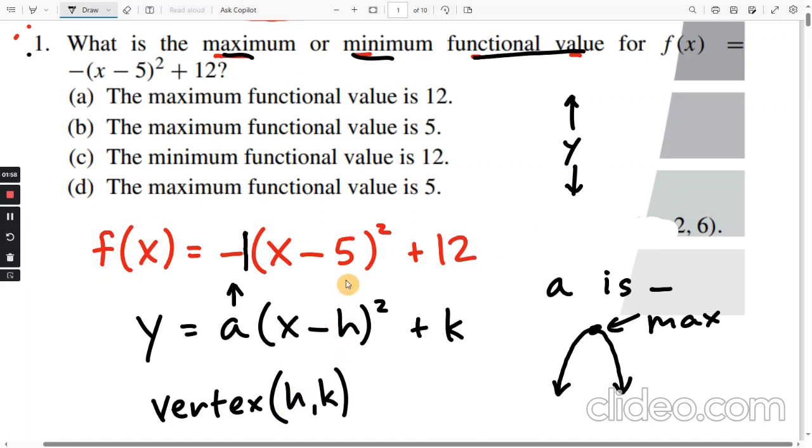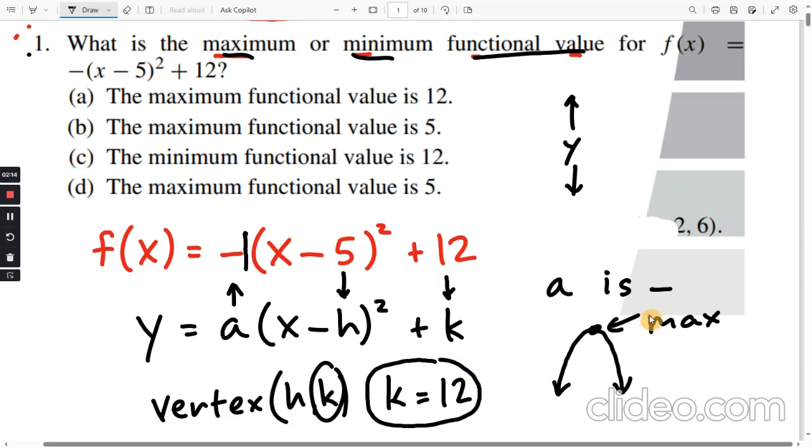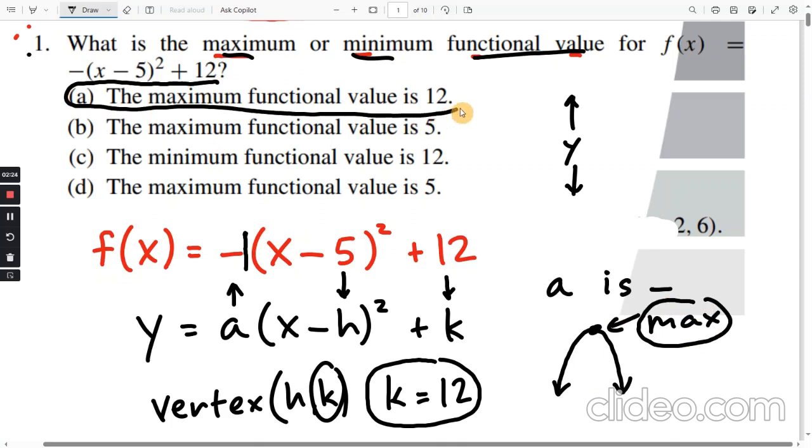We can see h is positive 5, but we don't need that. We basically need the k, the y coordinate. So k equals 12. That's your y coordinate of the vertex. And we said it is a maximum since the parabola opens down. So that is answer A. The maximum value is 12.